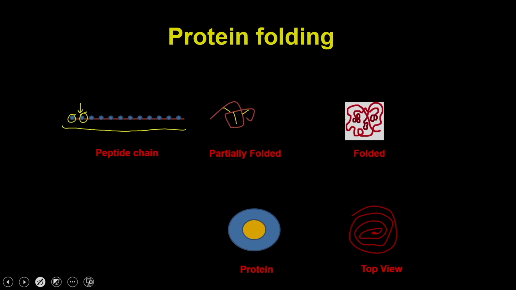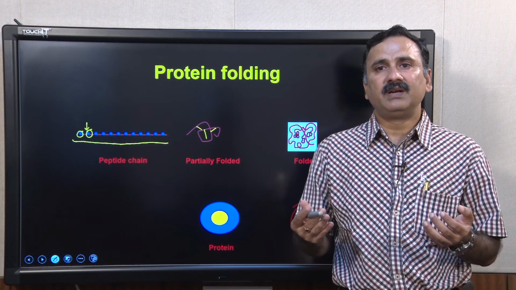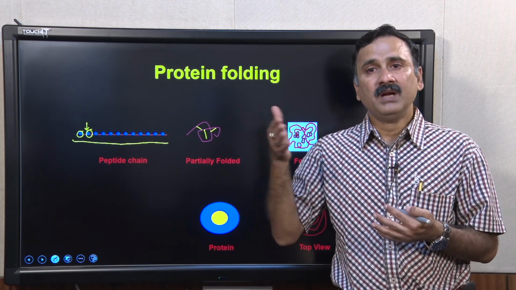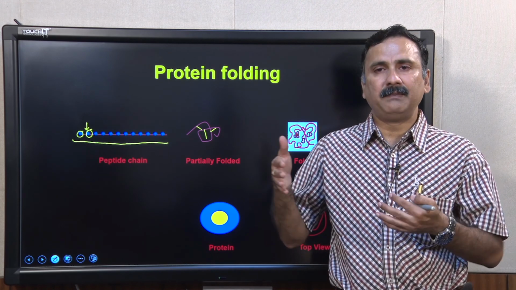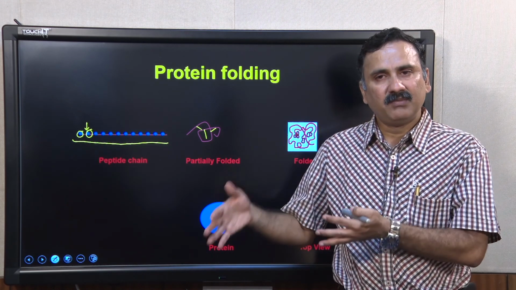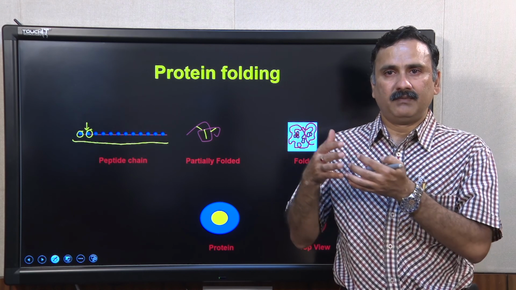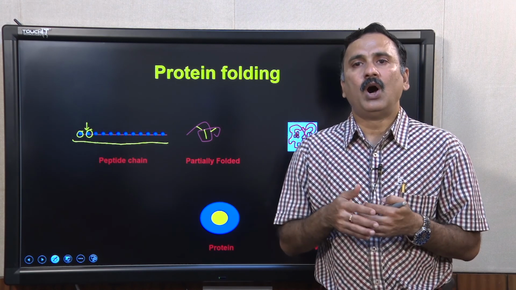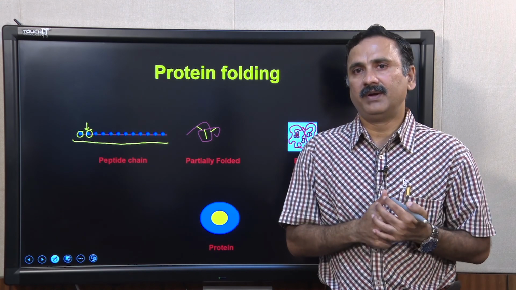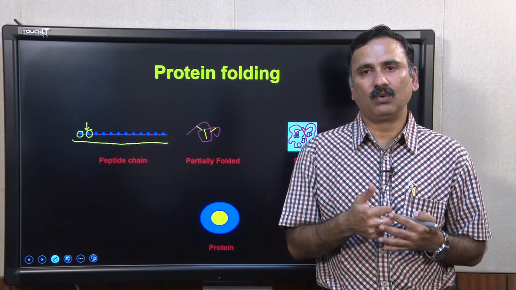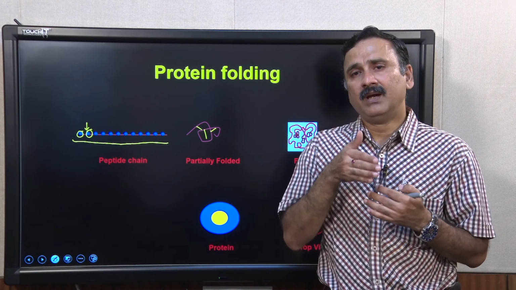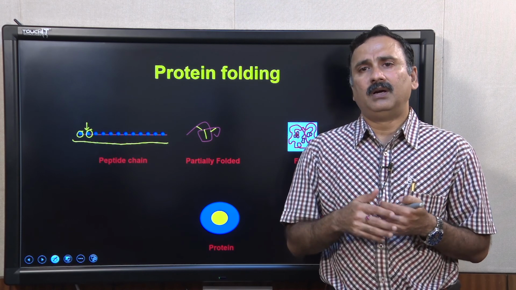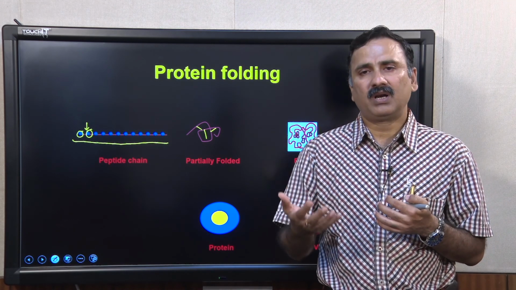You know that proteins are made up of 20 different types of amino acids, and these have different types of side chains. For example, you have the basic amino acids, which have positively charged side groups, and the acidic amino acids such as aspartate and glutamate, which have acid as the side chain. Apart from that, you have polar, non-polar and hydrophobic amino acids.